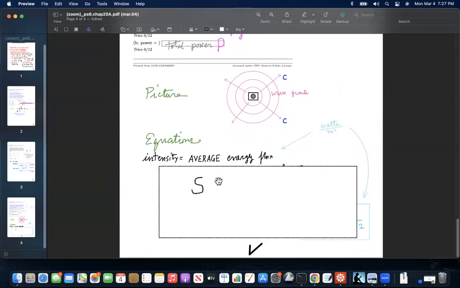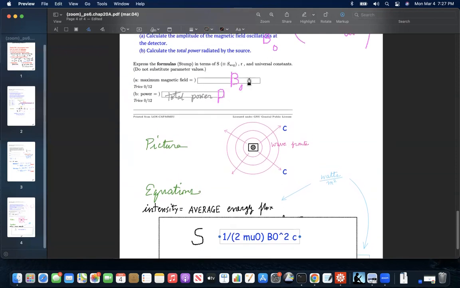If I write it in terms of the magnetic field, S is 1 divided by 2 mu 0, B0 squared, that's the energy density, multiplied by c, that's the speed. So you see, I can write an expression for B0 in terms of S.